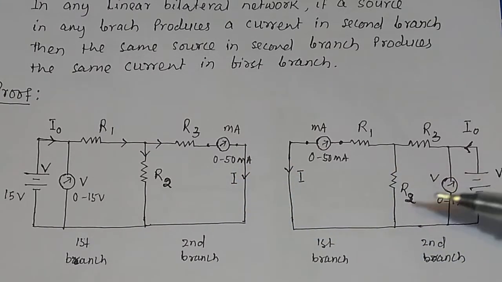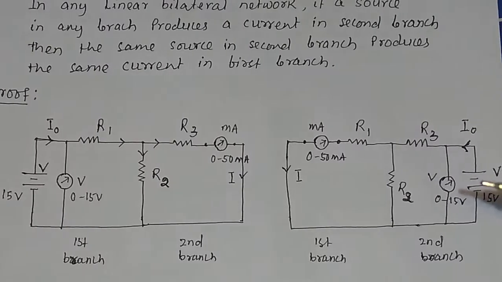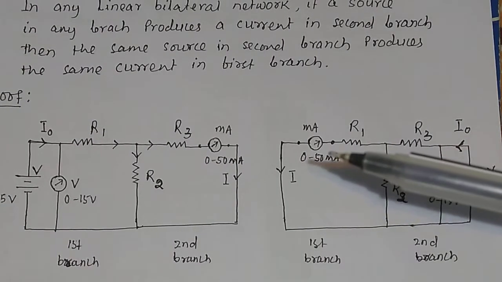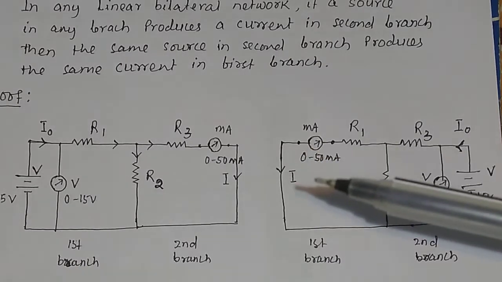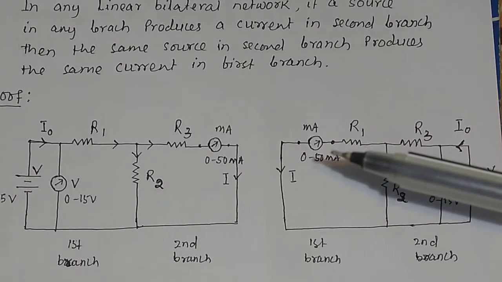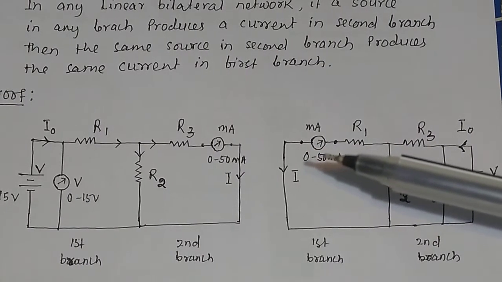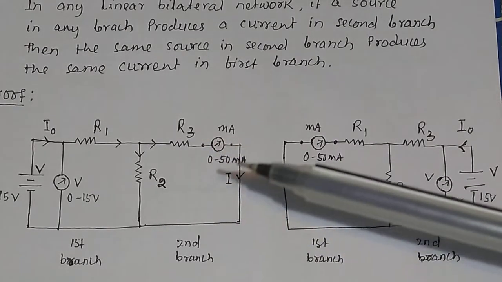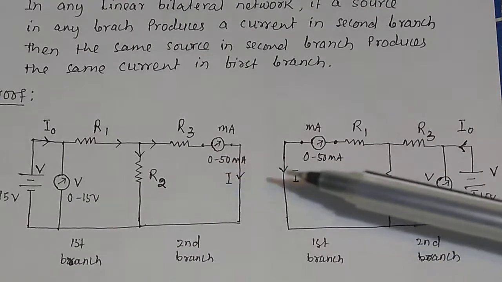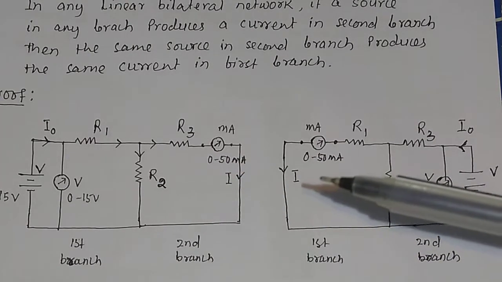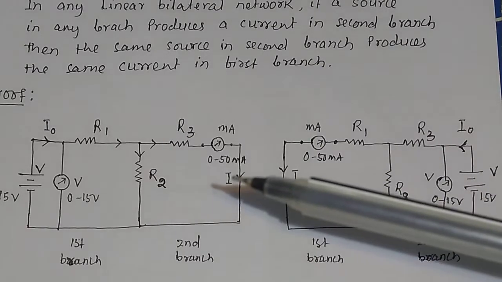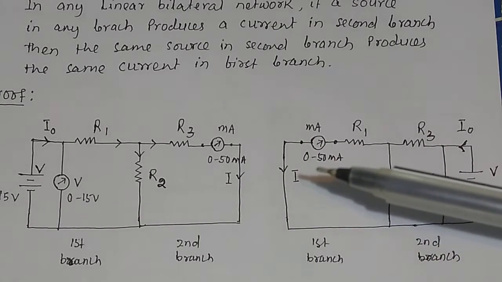And this is the second branch where you have connected the 15-volt source, and this is the milliammeter connected in series to the first branch. And you will see in the experiment, if the current in this source in the second branch is I, the current in the first branch will also be I. Then this will prove your reciprocity theorem.